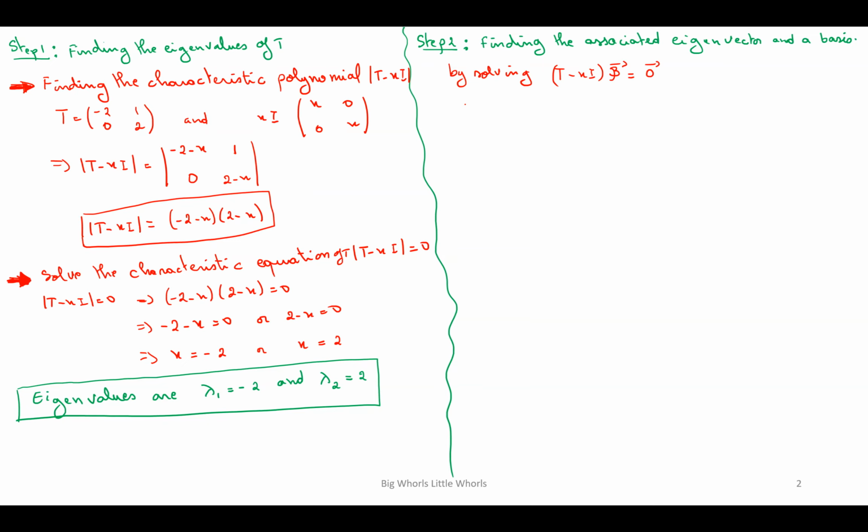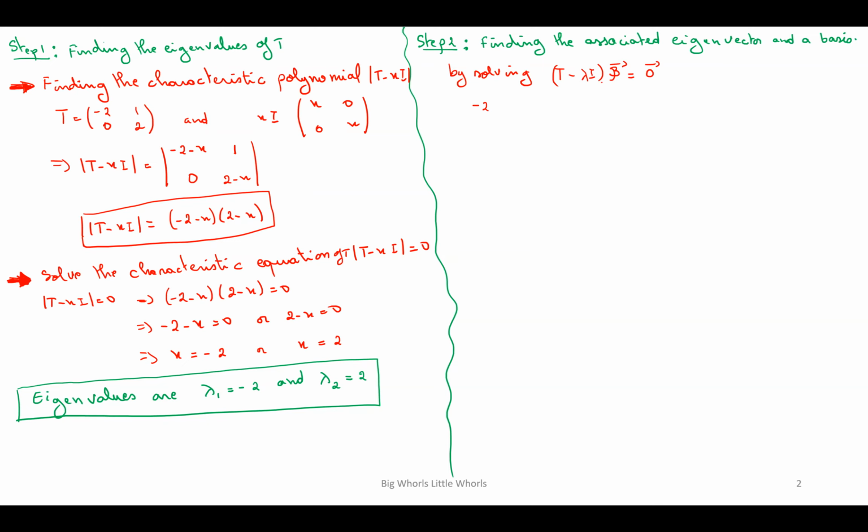So instead of x here, let me put lambda. It doesn't matter, we can write lambda or x, but here let me put lambda: T minus lambda I multiplied by beta equals 0.